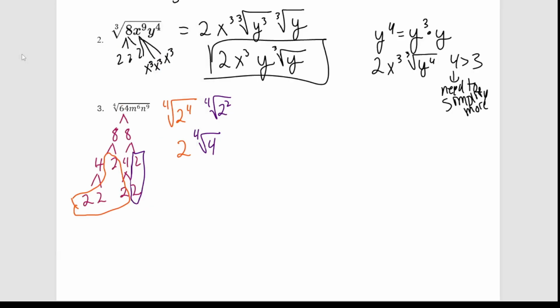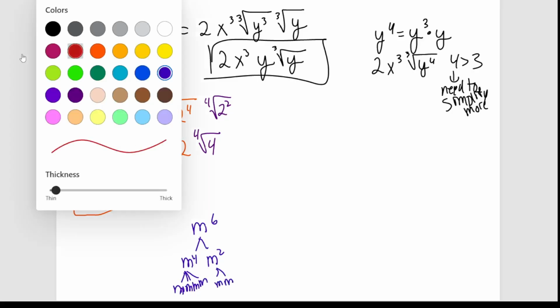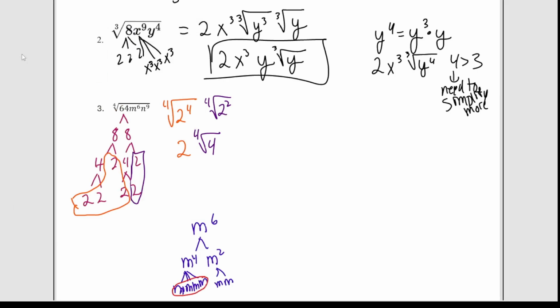Similarly, for the m's, m to the 6 breaks down into m to the fourth times m squared. And remember, m to the fourth is really 4 m's versus m squared would just be 2. So wherever you see that I've got a group of 4, you should be predicting that's going to be a part that simplifies nicely.